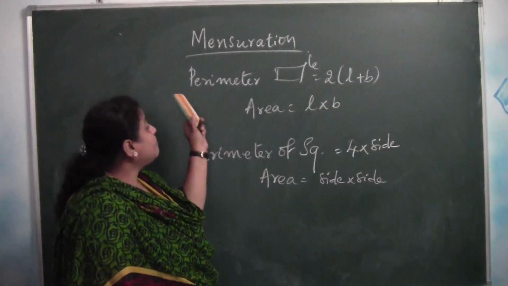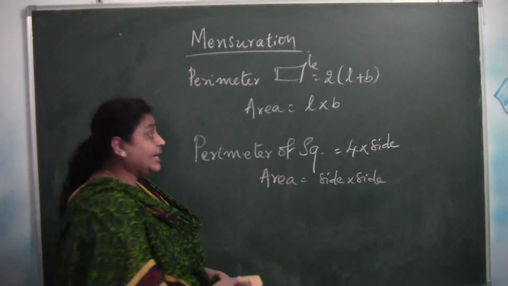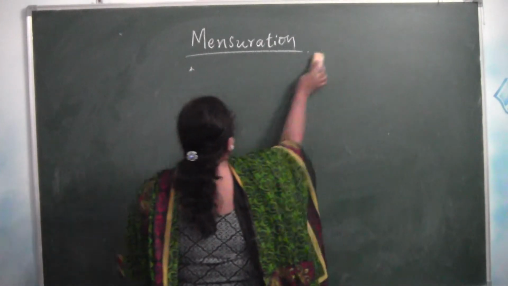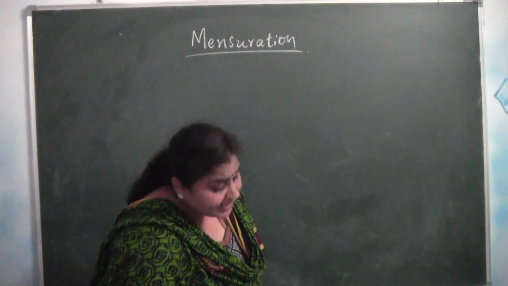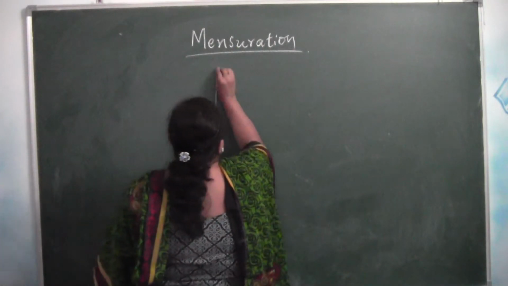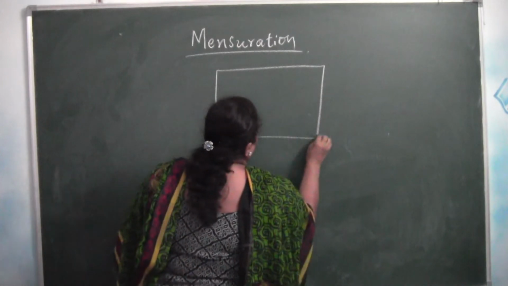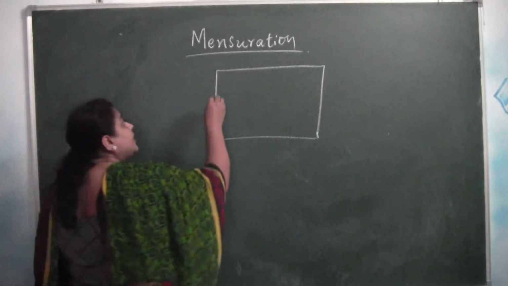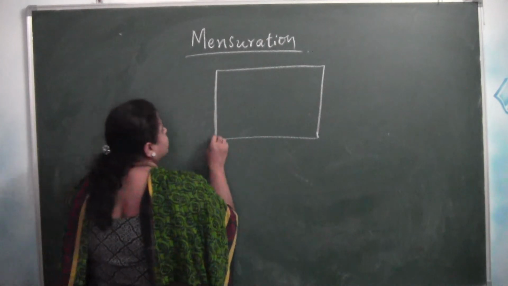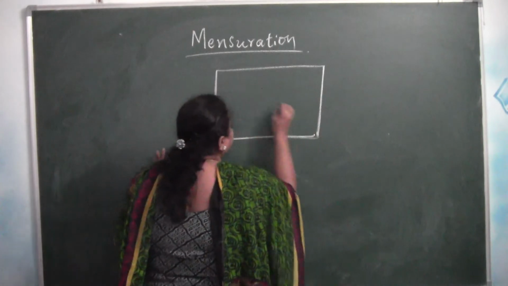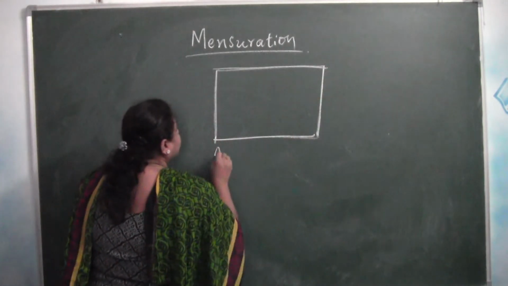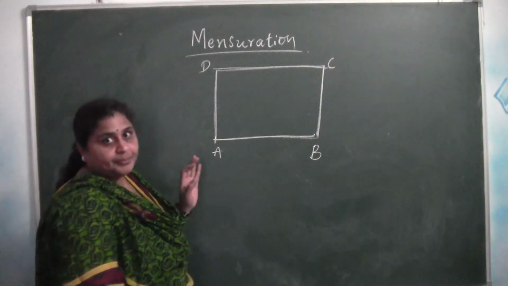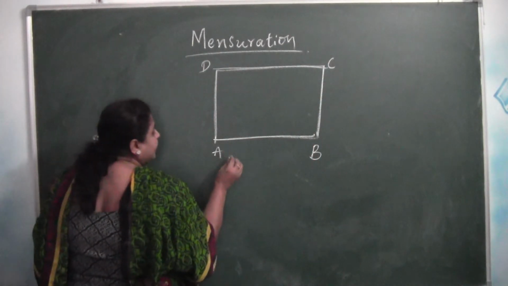What do you mean by perimeter and area? What is the meaning of perimeter and area? Let us see first. If I take any closed figure, say I will take a rectangle. Perimeter is nothing but the total length of all the 4 sides, A, B, C and D. So what do you mean by perimeter?